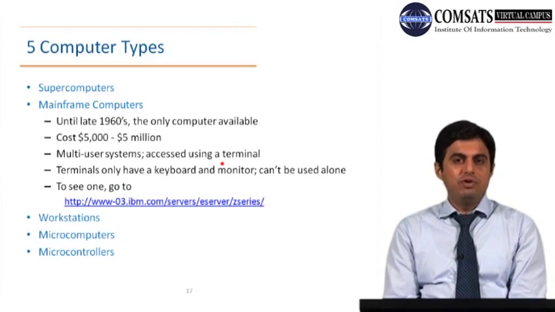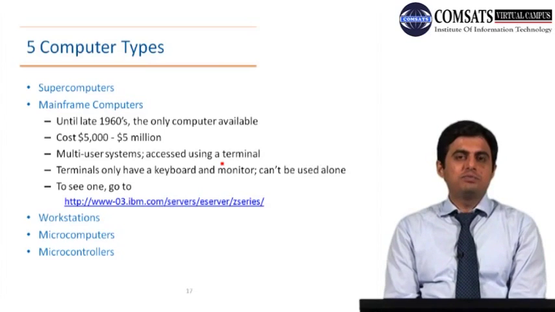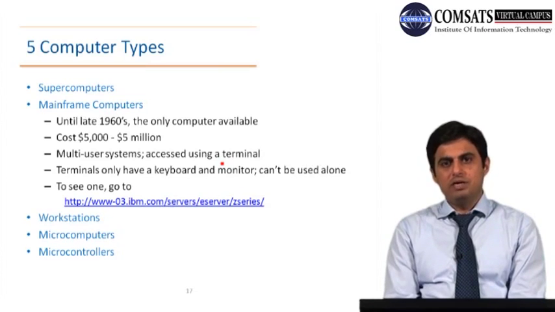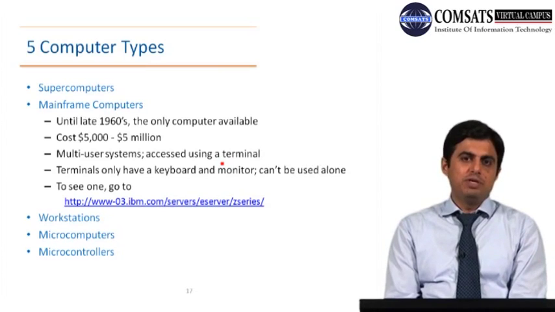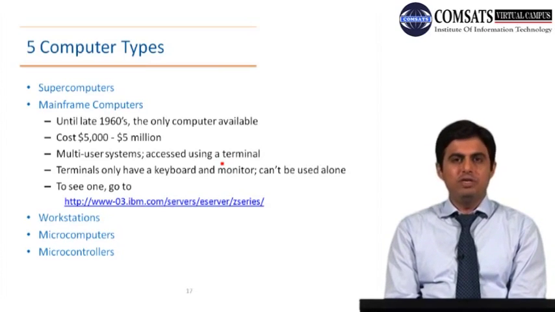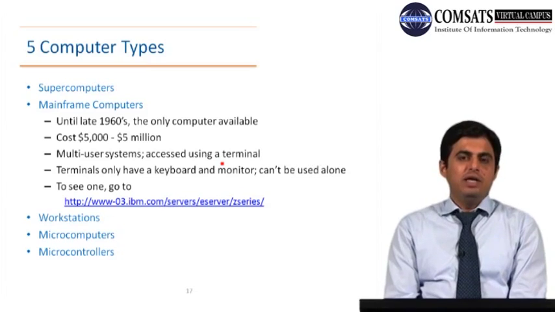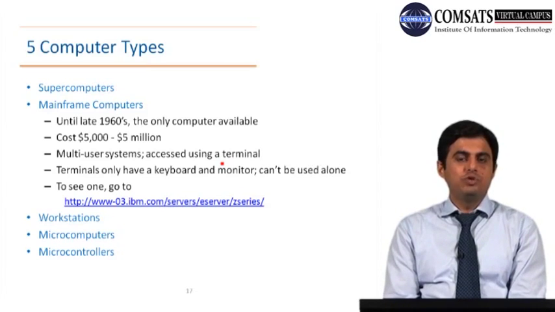I don't know if they have a mainframe or not, but if they had a mainframe computer for their booking, they would place it in one location, for example in Karachi, and then you can have its multiple terminals in other cities of Pakistan. For example, you can have one terminal in Lahore, one in Multan, one in Rawalpindi, one in Peshawar. And through these terminals you can do booking by sitting in the different cities.